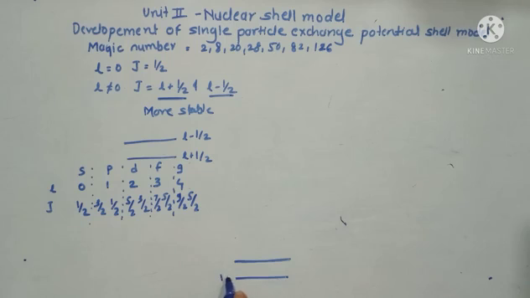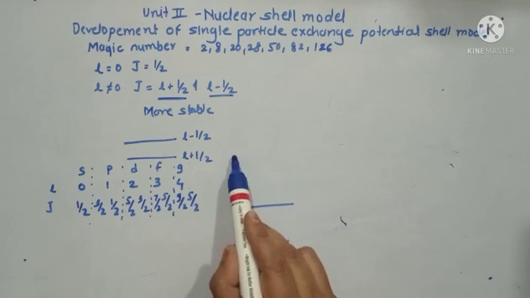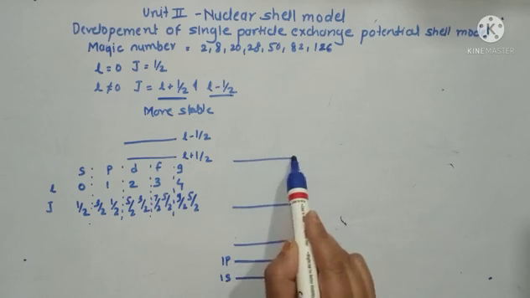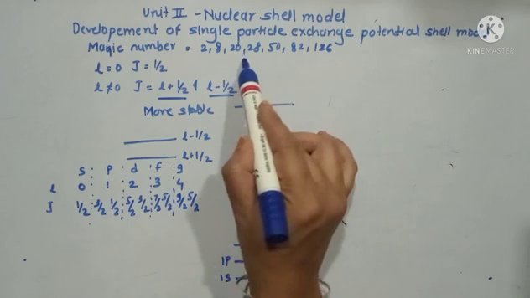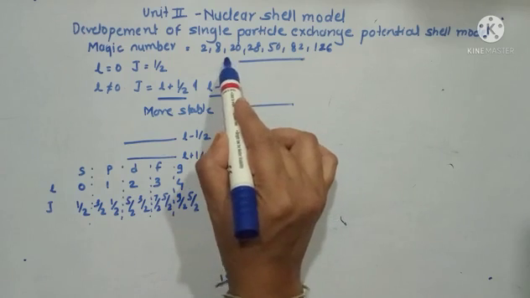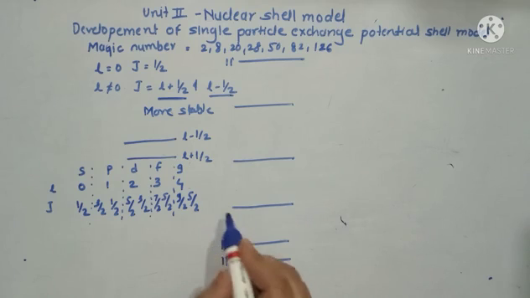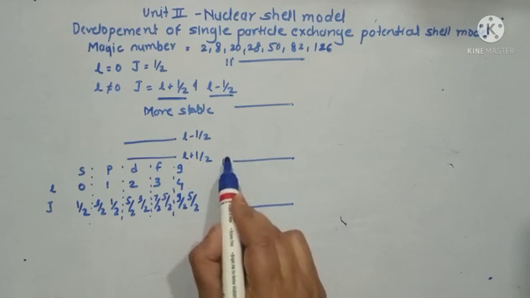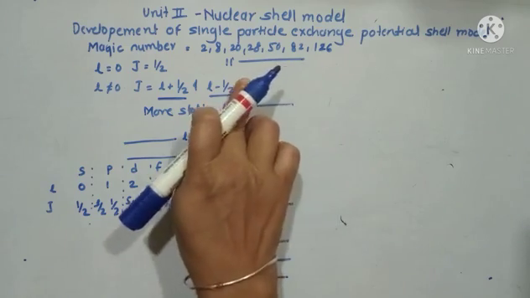First it will be 1s, 1p, 1d, 1f, 1g, 1h, and here it will be 1i.